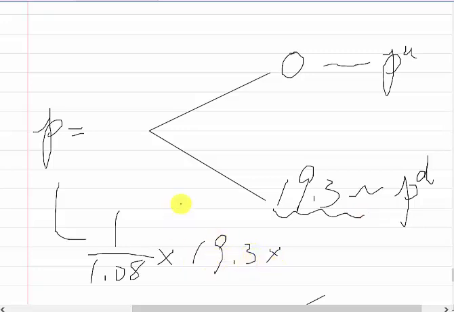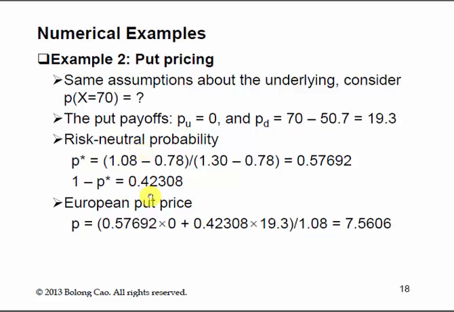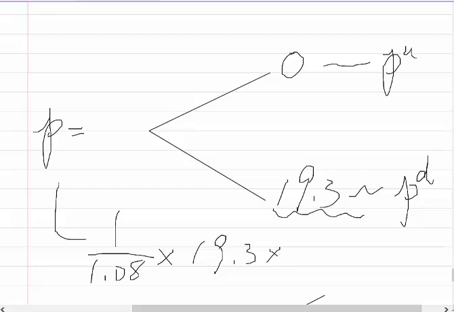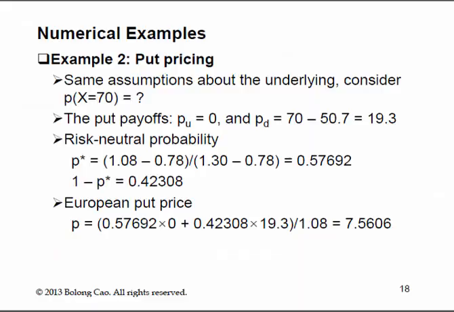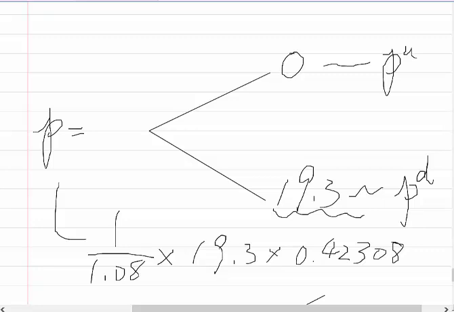So it's 19.3 times the downstate probability, 0.42308. Okay. And just calculate that number, we have 7.5606.